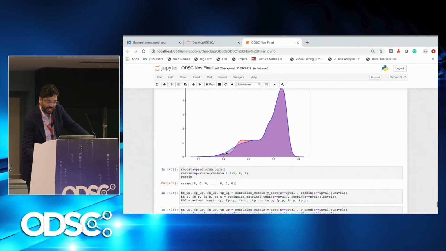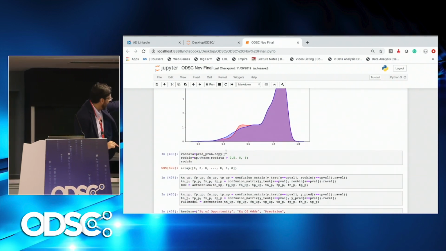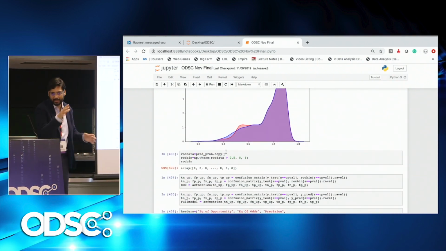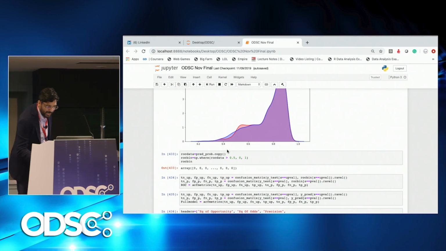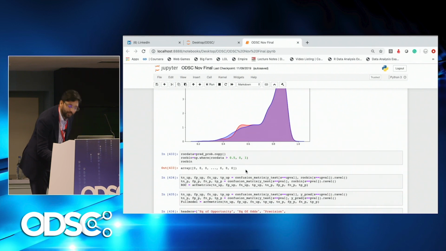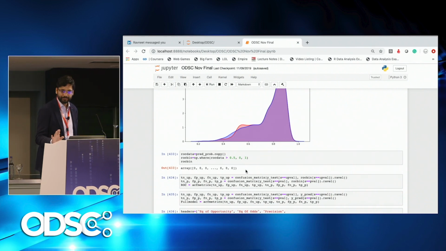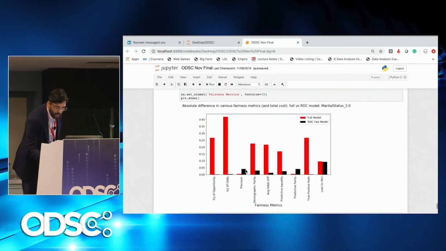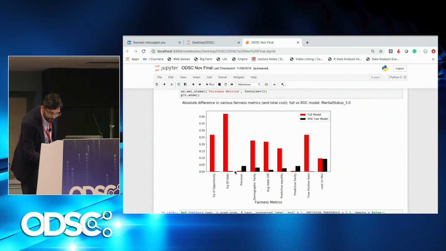On the graph there's a dip and a hill shape, so I took the dip and pasted it on top. I took anybody between 0.40 and 0.50 and converted them to 0.50 to 0.60. That's it.